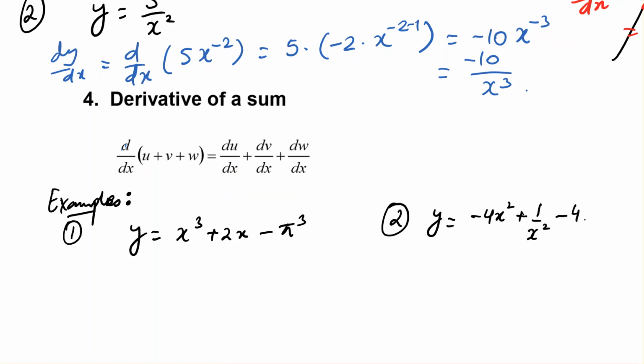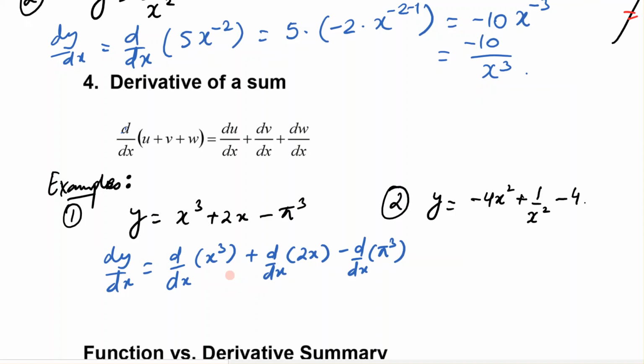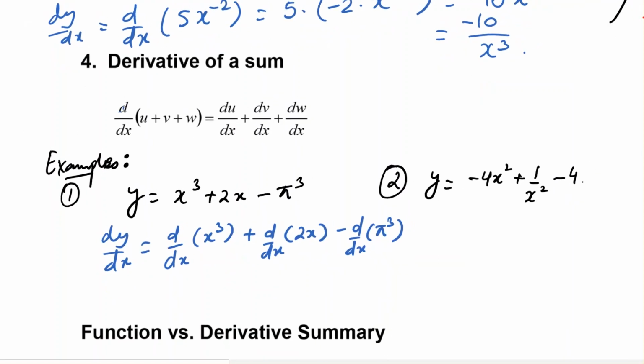Let's first try the first one. dy over dx in this case would be the derivative of individual terms: derivative of x cubed plus derivative of 2x minus derivative of pi cubed. The derivative of x cubed, which is a power function: bring the power down, reduce the power by 1.